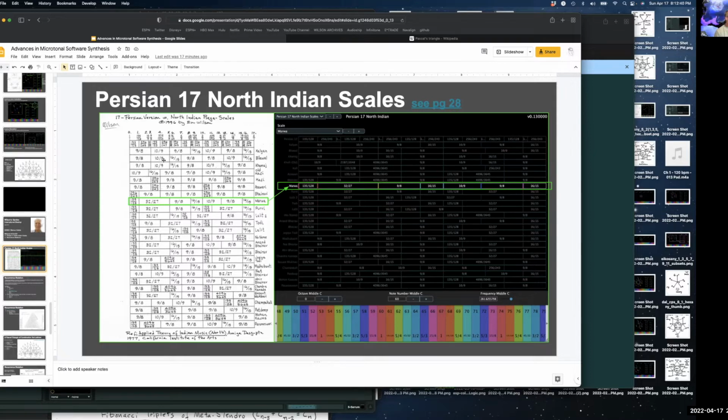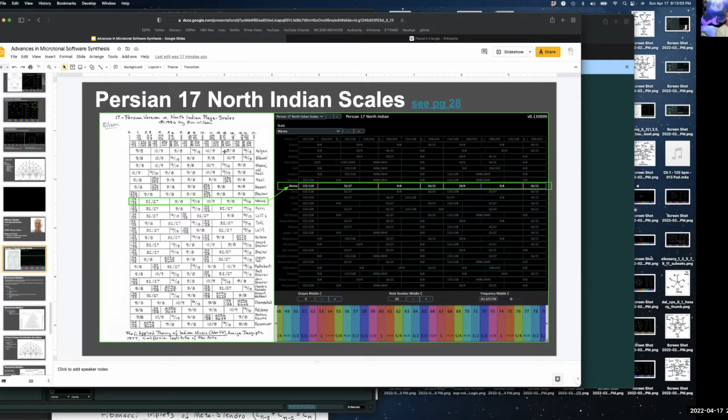And to be honest, I don't know why he called it 17 Persian version. So if anyone knows, that'd be great if you can give that extra historical context. I know he always said that the Indian scales were derivative of the 13th century Persian. So maybe he's just sort of hailing back to what he feels was the origin of those ratios.